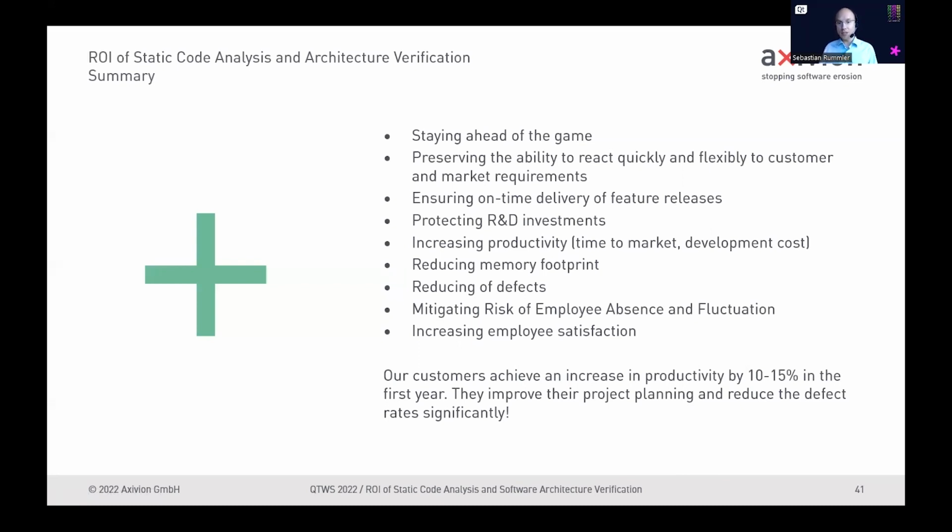Net productivity increase means they already deducted the work to establish coding rules and the work to document architectures. So it's really worth it to have a look at how static code analysis and architecture verification can help you and your projects. So thank you very much.